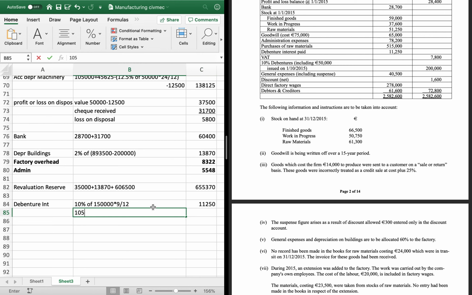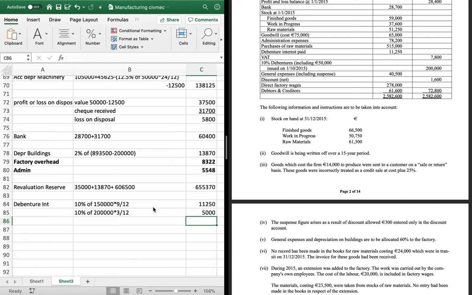And then for the remainder of the year, you have 10% of 200,000 by 3/12. Obviously your months always have to add up to 12. So 200,000 by 3/12 is 5,000.